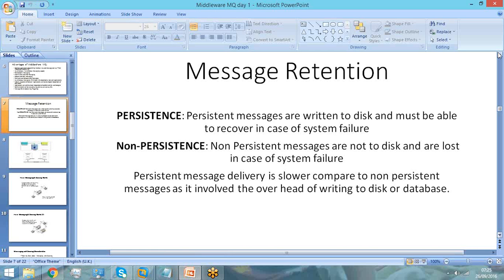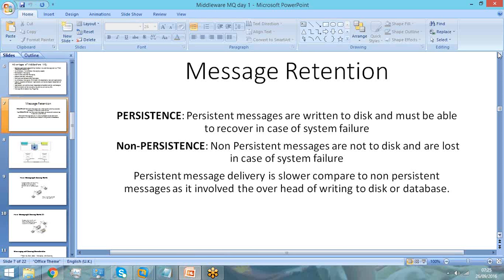Suppose it is like a stock exchange, where you want the stock price of, say, Infosys at a particular time. It is not that important, because stock prices keep changing, so by the time you receive the price for Infosys, the actual share price would have changed.